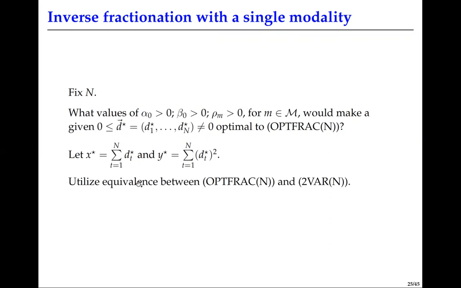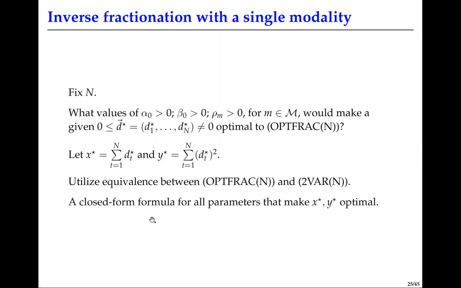And again, utilize the equivalence between the optimal fractionation problem for a fixed n and the two variable problem for that fixed n. And it turns out that a closed form formula, and this is important, a closed form formula for all parameters that can make this X star and this Y star optimal can be derived. The procedure itself is quite straightforward and in some sense elegant, although there are various cases that one has to consider.